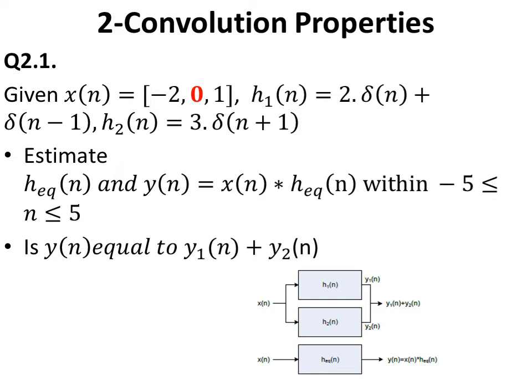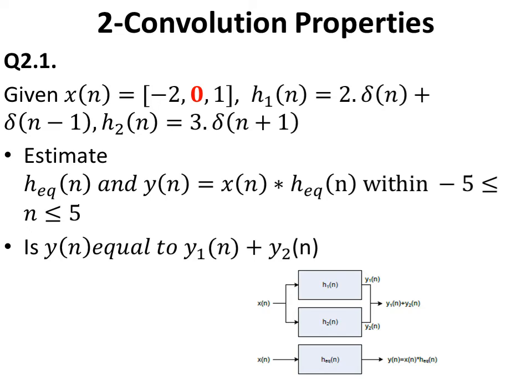Then in the next one, what is this h_eq[n]? If you can remember, I have told you that this is actually the parallel connection. That means you are feeding x into both h1[n] and h2[n], right? So h_eq, the equivalent transfer function that can replace h1[n] and h2[n], is actually h1[n] plus h2[n].